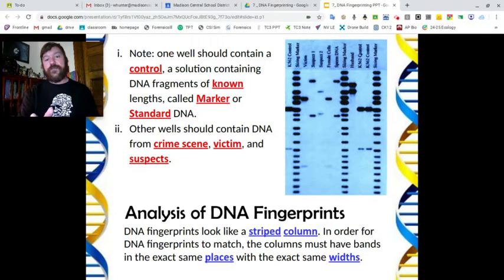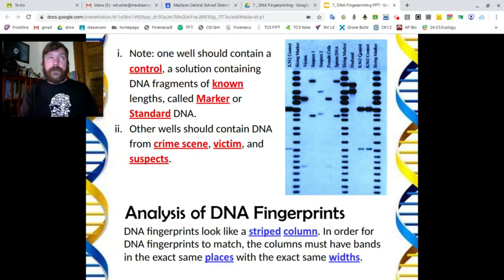But you have to make sure you're loading in the victim's DNA, because the victim was clearly at the crime scene, any of the suspect's DNA, and then you're also going to put in oftentimes the scientists who collected the DNA, put theirs in there too, and then run it with a positive control, because the positive control needs to be there to allow you to say, we did this and it worked.